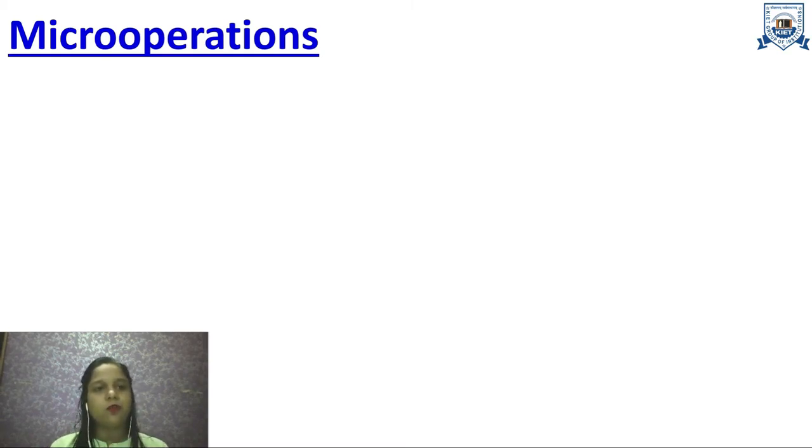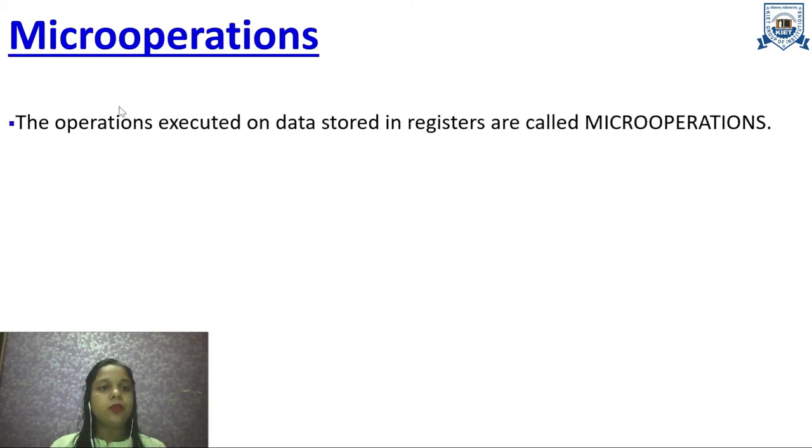Now let's see what micro operations are. The operations executed on data stored in registers are called micro operations. That means if we are performing any operation on registers, these operations are called micro operations. If we are adding two register values, that is termed a micro operation.